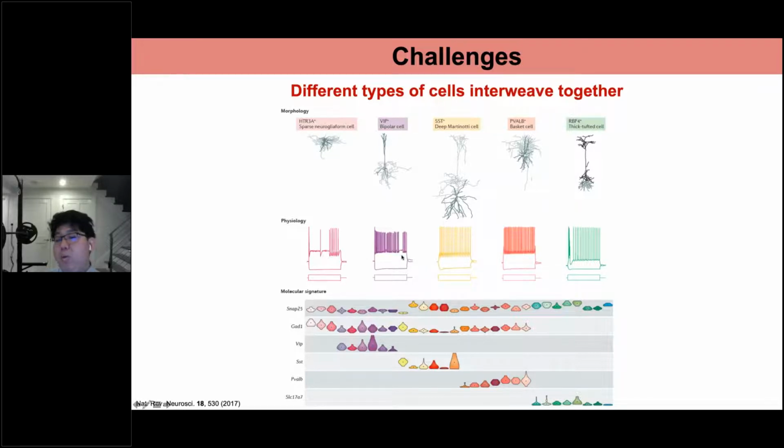So we not only want to record the neural activity, but we also want to know which type of neuron we are recording.